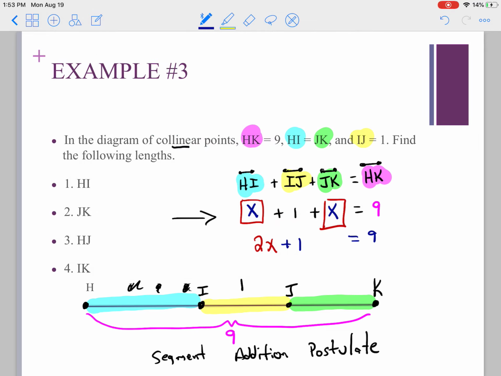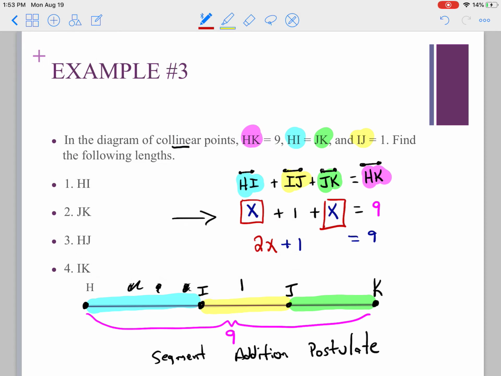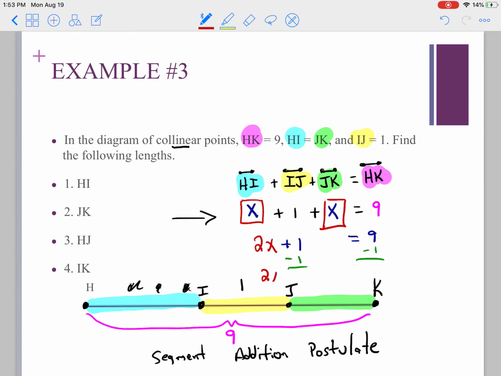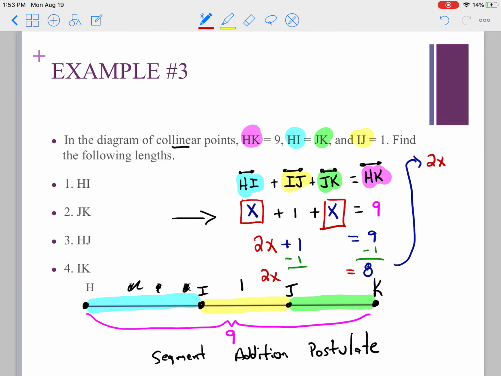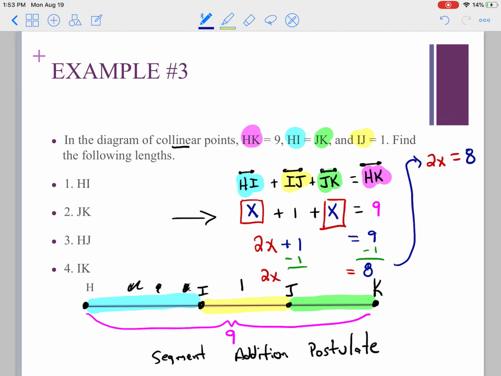To isolate the x, I'm going to subtract 1 from both sides, because if I do something on one side of the equation, I also have to do it to the other. And I end up with 2x equals 8. I'm going to move that up here just so I'll rewrite it. 2x equals 8.